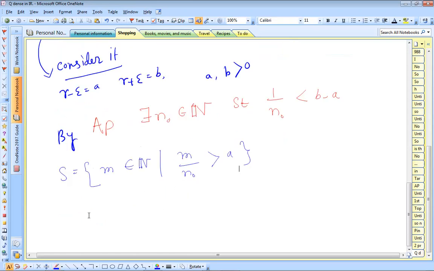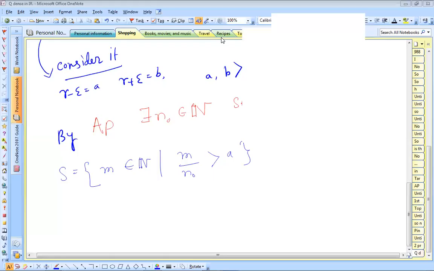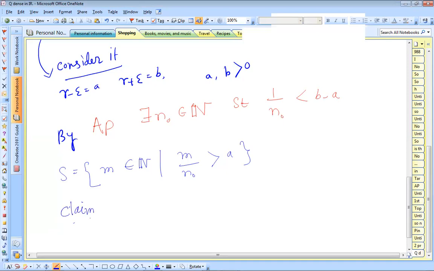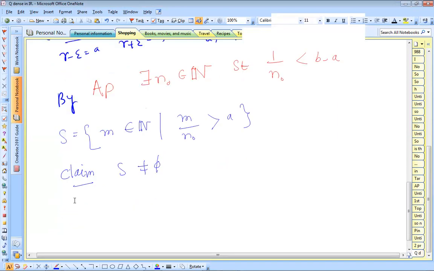So now our claim is that S is non-empty. What is the proof of this claim?